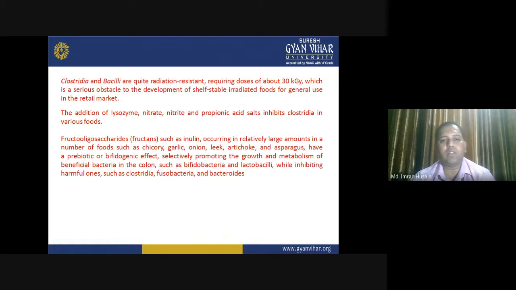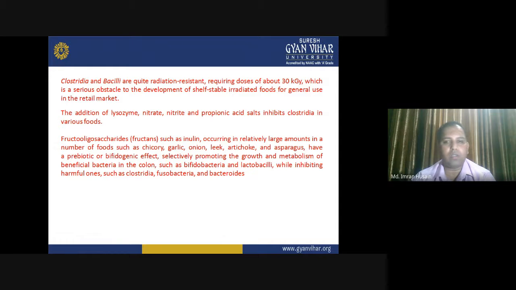The addition of lysozyme, nitrate, nitrite, and propanoic acid salts inhibits Clostridia in various foods. Fructooligosaccharides and fructans, such as inulin, occur in relatively large amounts in a number of foods, such as chicory, garlic, onion, leek, artichoke, and asparagus.